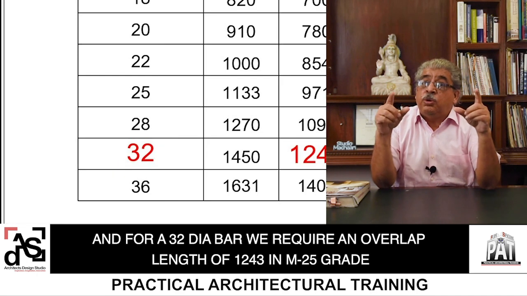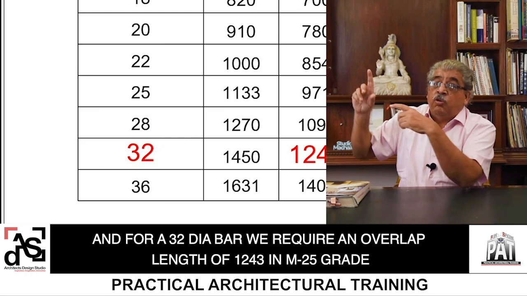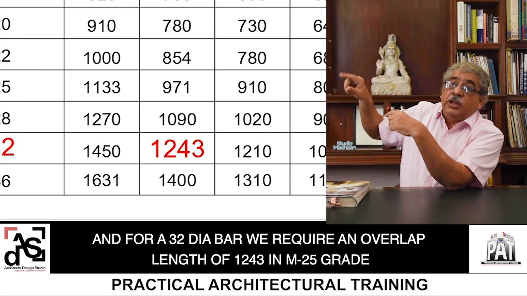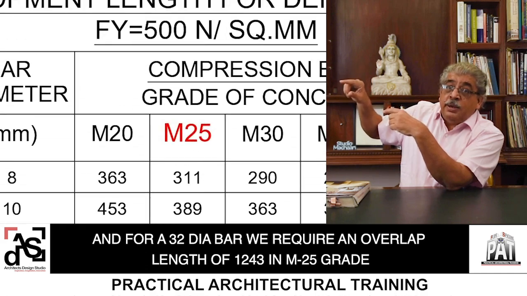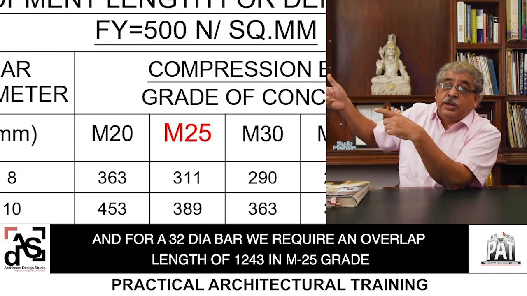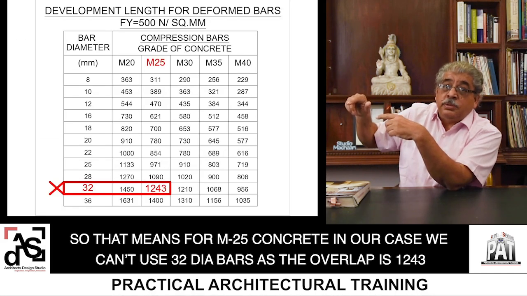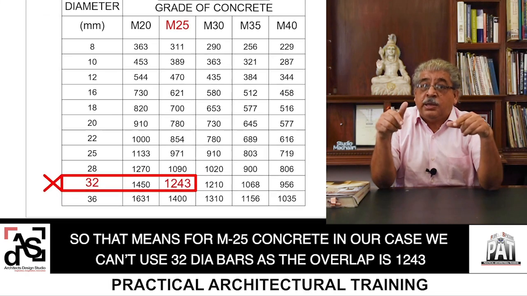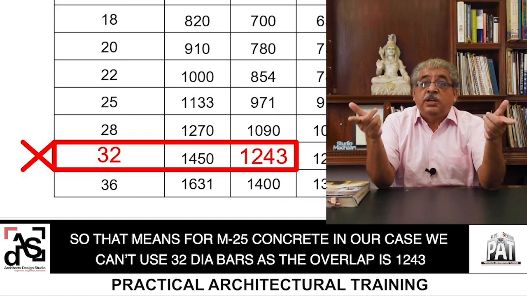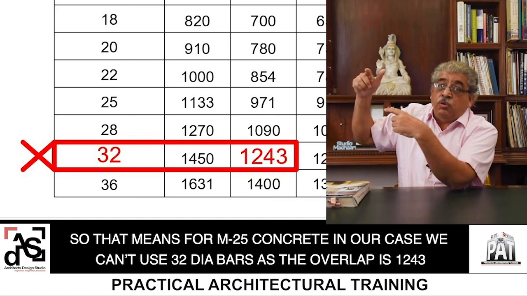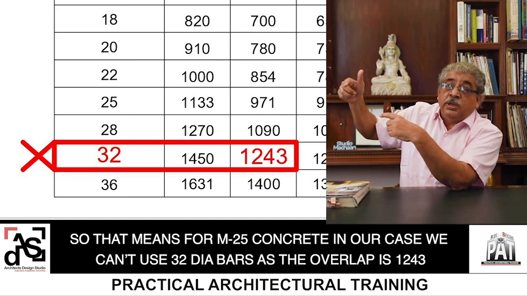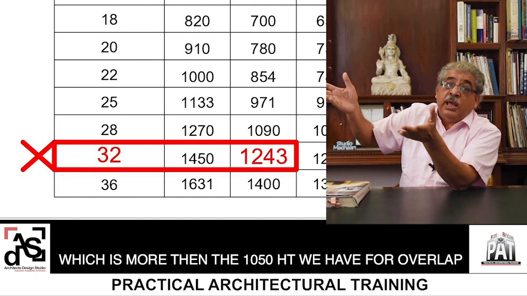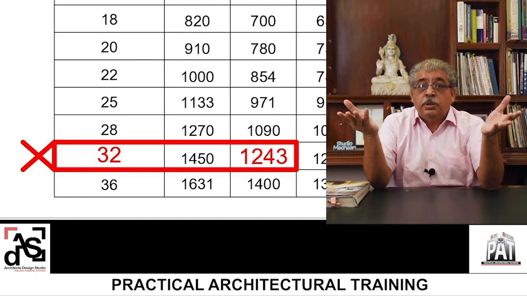And for a 32 dia bar, we require an overlap of 1243 mm in M25 grade concrete again. So that means for M25 concrete, in our case, we can't use 32 dia bars as the overlap is 1243, which is more than what we have, 1050.